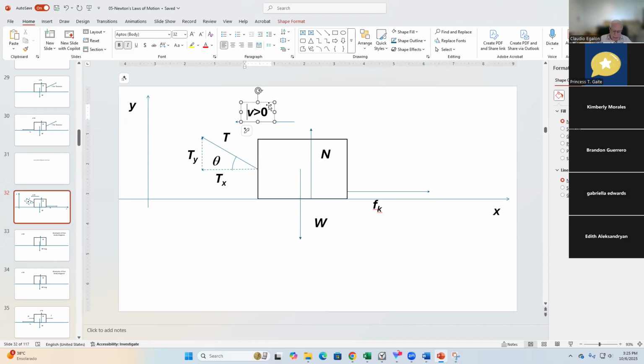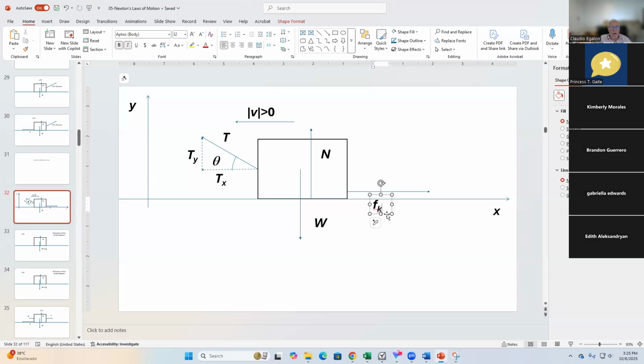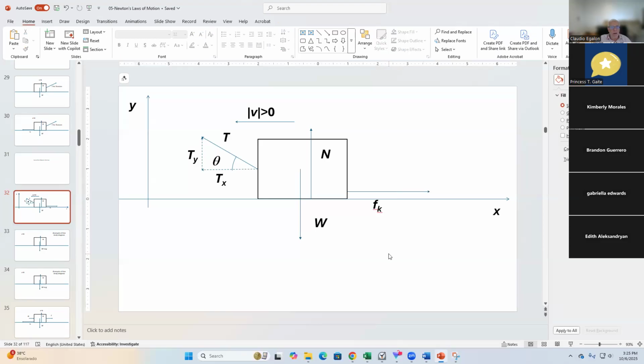And when I wrote V, I meant the magnitude of V, okay? The object is moving from the right to the left, and now we have a tension to the left. And because the object is moving, the force of friction is going to be the force of kinetic friction.